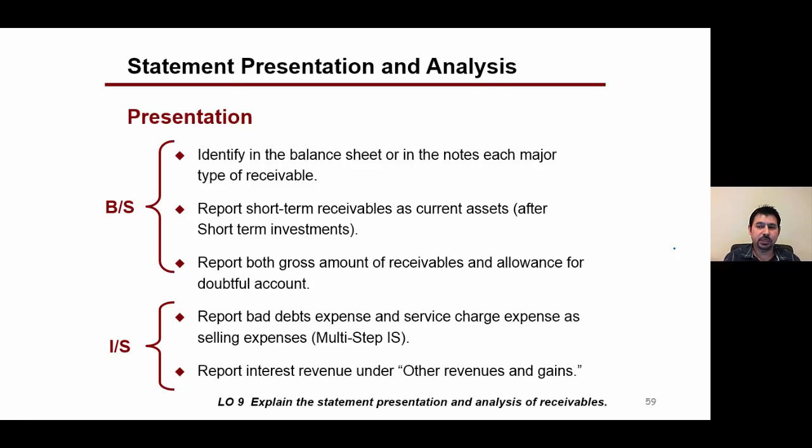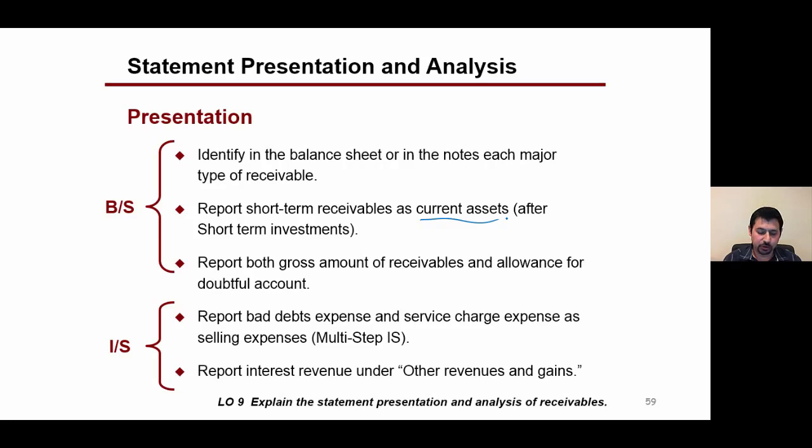As far as the presentation on the financial statements, on the balance sheet or in the notes, the company must disclose and identify the types of receivables that they have. Usually short-term receivables are reported as current assets right after short-term investments.